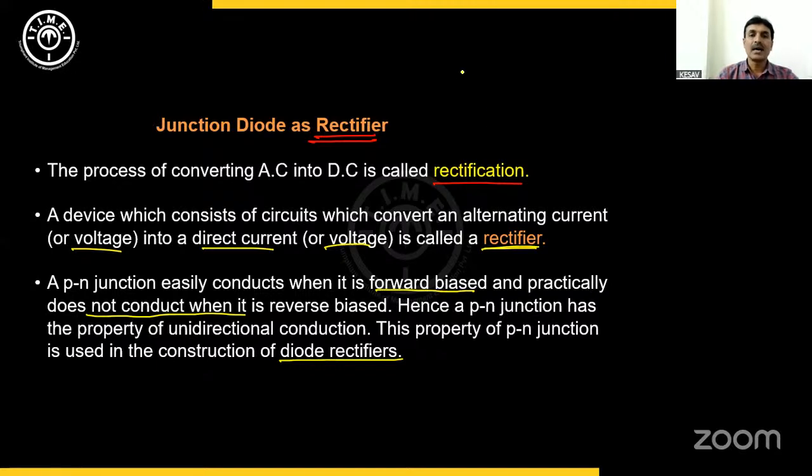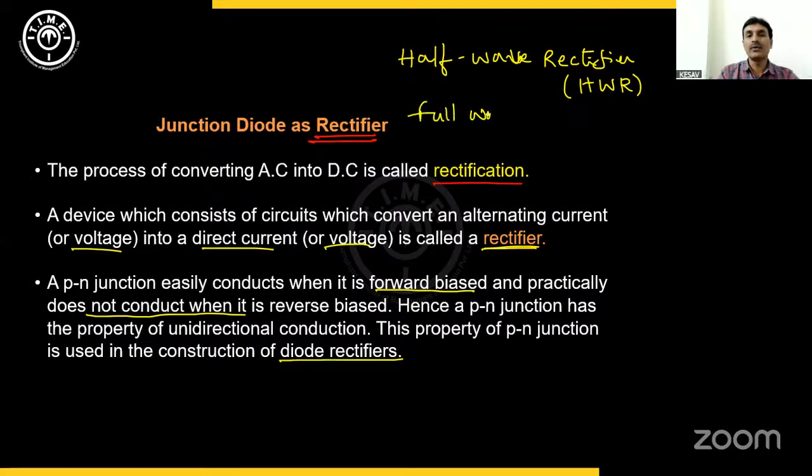Here we have two types of rectifiers. One is the half wave rectifier, known as HWR in short. Another one is the full wave rectifier, FWR.